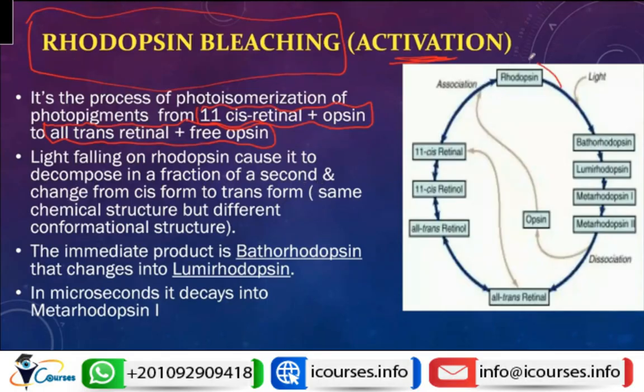When the light falls on the rhodopsin molecule, it will decompose very rapidly, in a fraction of a second, to form an intermediate molecule called bathorhodopsin. Then the bathorhodopsin will change into lumirhodopsin, then the lumirhodopsin into metarhodopsin 1, and then the metarhodopsin 1 into metarhodopsin 2, which is called the activated rhodopsin.